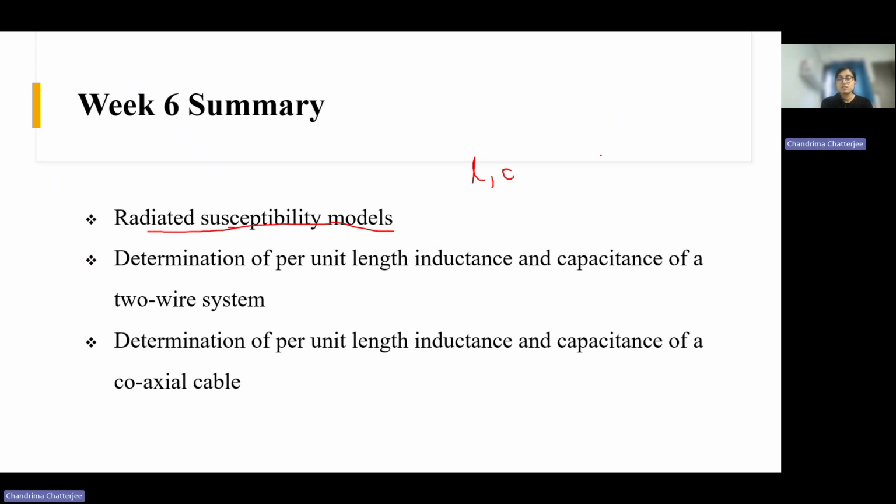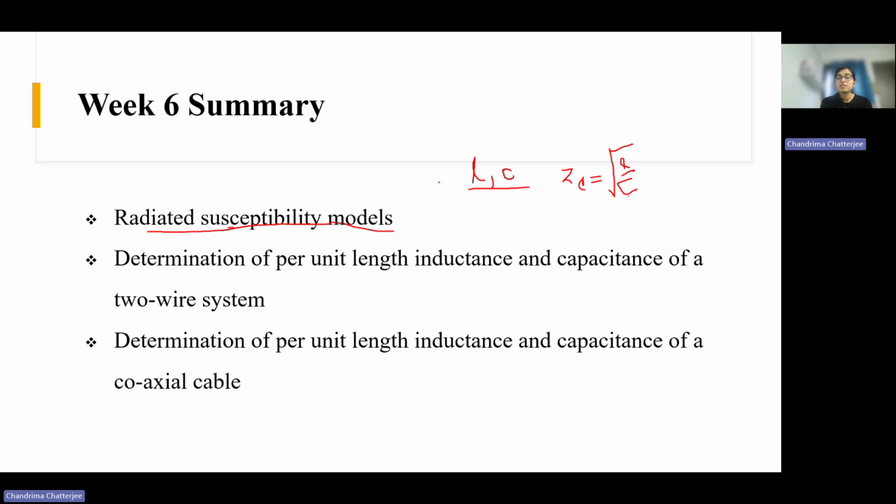If you have read about transmission lines, you must have encountered these terms: per unit inductance, per unit capacitance, and characteristic impedance ZC, which is basically root L by C, where L is the per unit inductance and C is the per unit capacitance. All these things you must have heard in the undergraduate power system course.